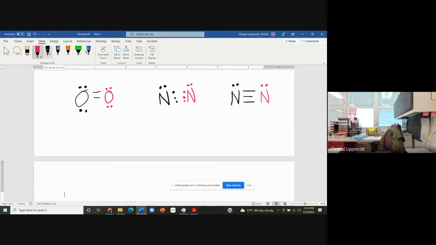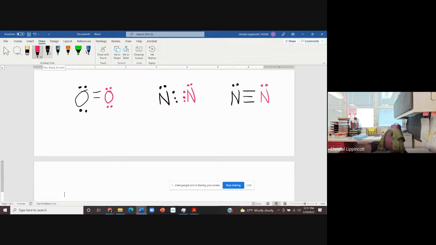So you have 4 and 6. You've got 10 electrons, right? So if you've got 10 electrons, you need to have a full octet around both of these. And the only way that you can manipulate those to get a full octet is to move 6 of them in the center and then have 2 lone pairs on top.